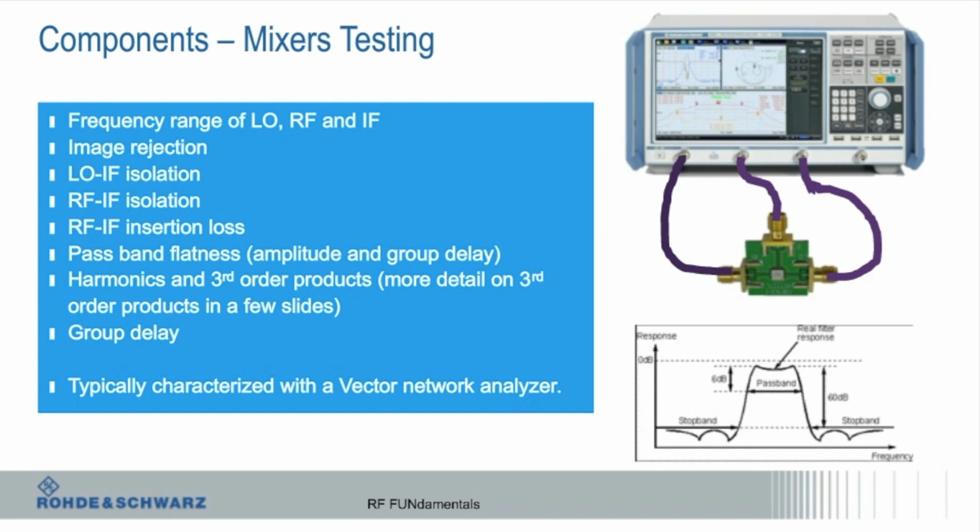It's a signal you use to get that frequency conversion to happen, but you want it to go away when you're done, right? But some of it sort of leaks through. So one of the characteristics, if you look on a mixer data sheet, is LO to IF isolation, RF to IF isolation, and then there's RF to IF.